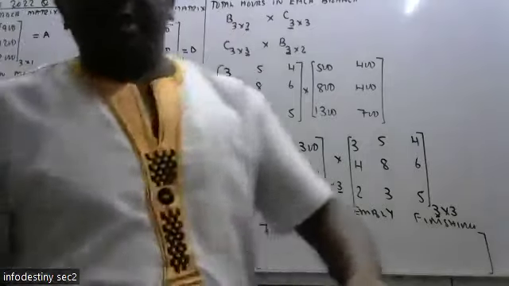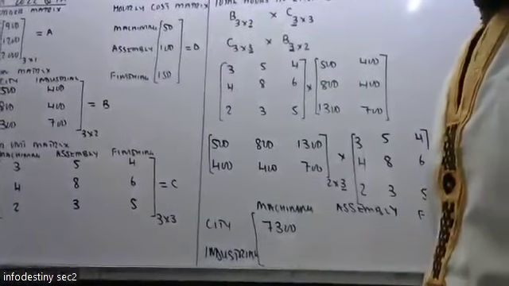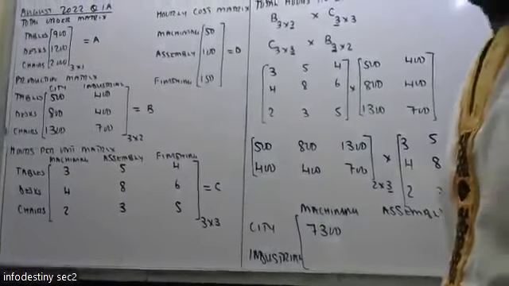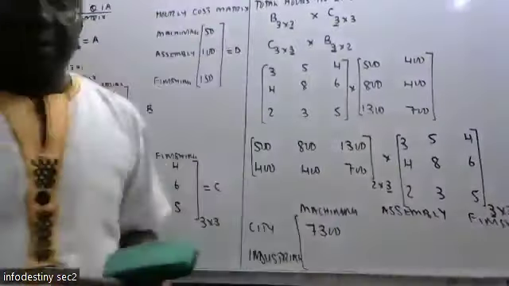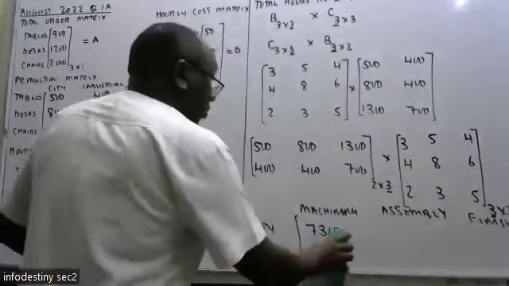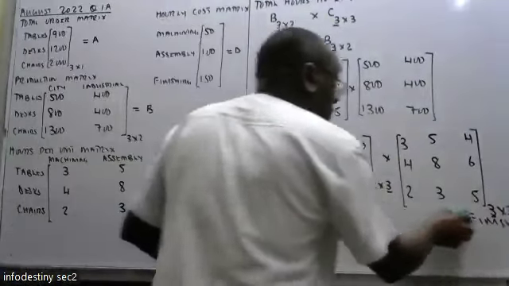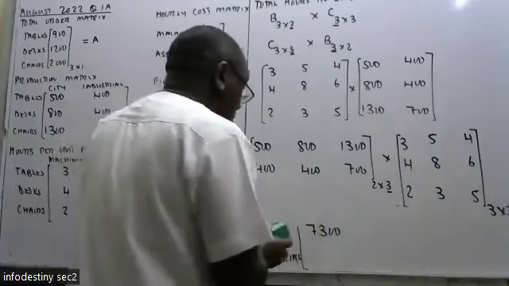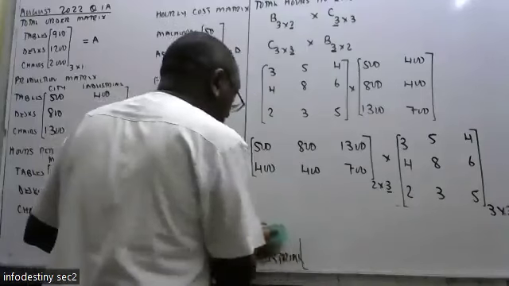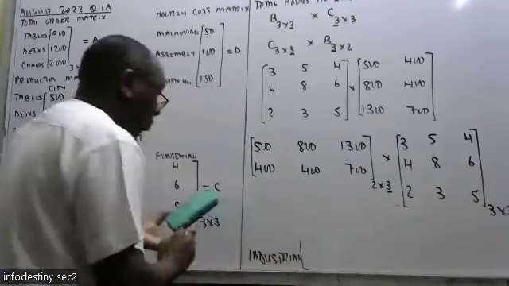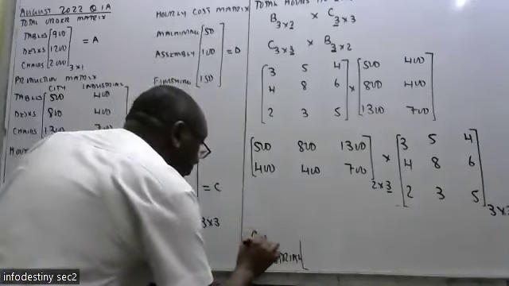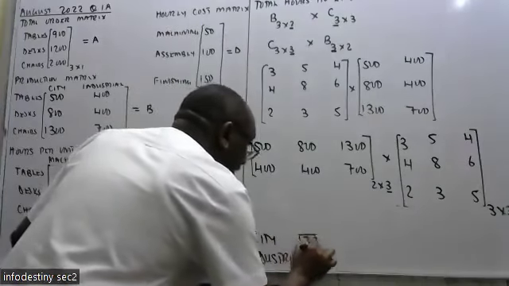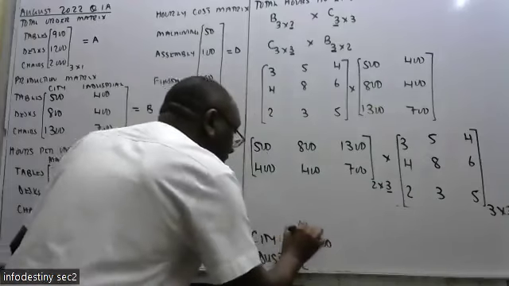Now that nimesema msiandike we argue together, I must put it in a way that itakuwa visible kila mahali. Hii tumesema ni 7,300, which was machining.